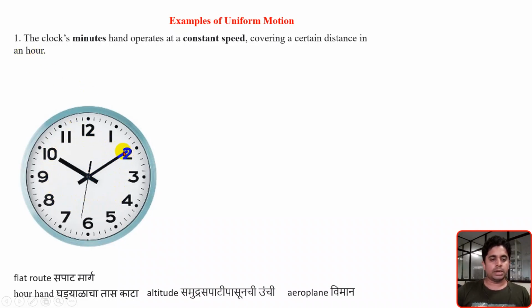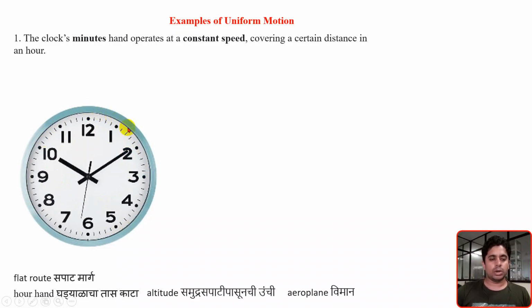Suppose I consider the tip of this minute hand, and as this minute hand is rotating, how much distance will this tip cover? Obviously the distance will be the perimeter of the circle.